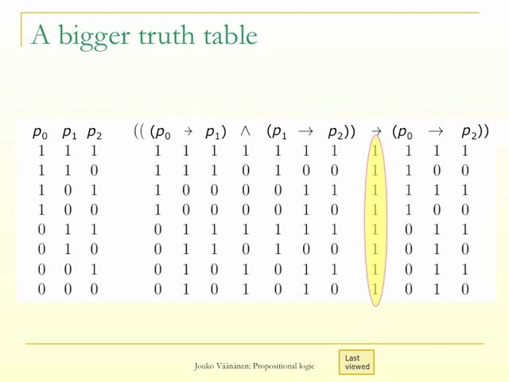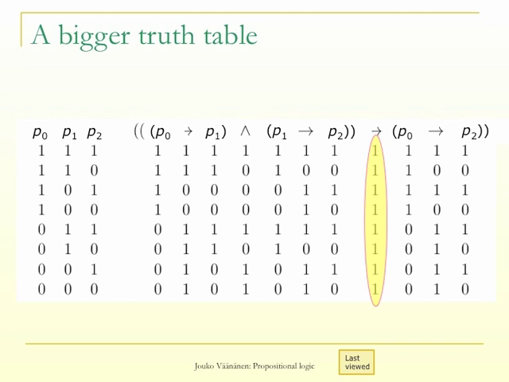If P0 implies P1 and P1 implies P2, then P0 implies P2. Be it as it may, our task here is to fill in the truth table quite mechanically, with no concern to any exterior meaning. But we can make the interesting observation that the formula in question gets the truth value 1, whatever the valuation is.